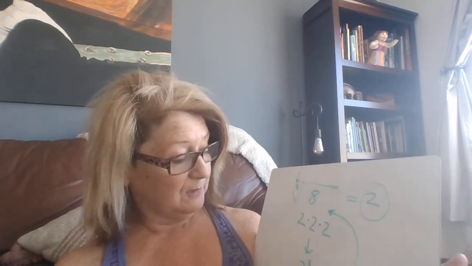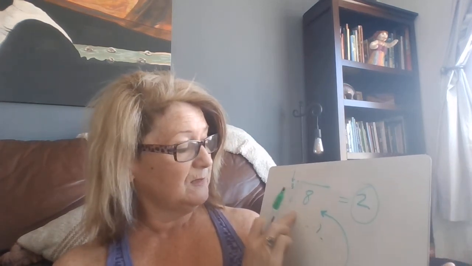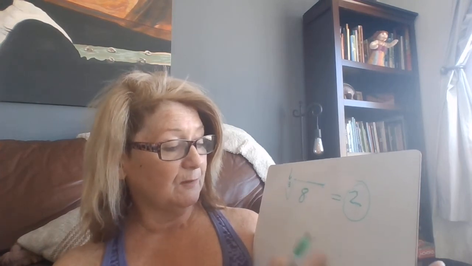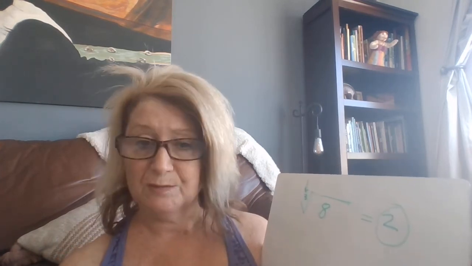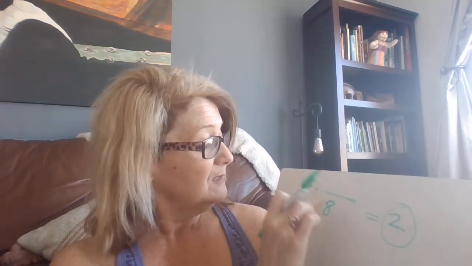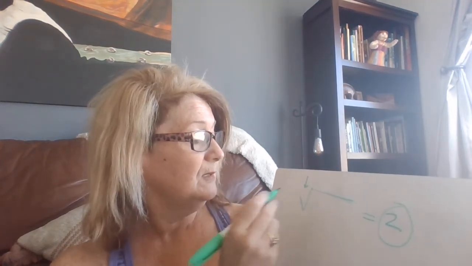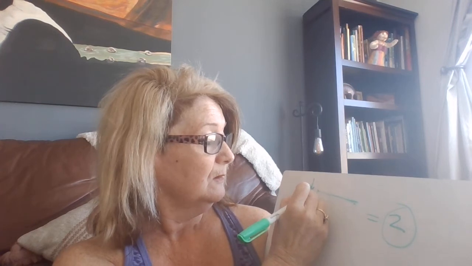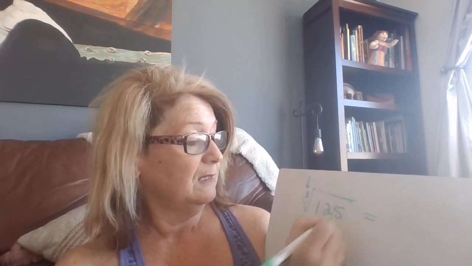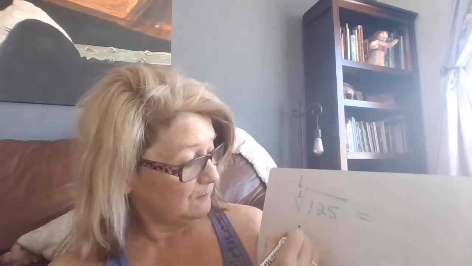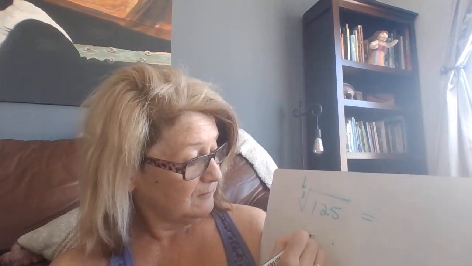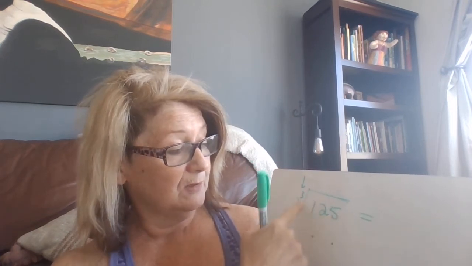Cube roots, we can go even higher. We can do bigger numbers. I don't think that we get too crazy in your homework, so I think we just do squares and cubes. Let's think of another one. How about this one? The cube root of 125. Oof. What number times itself 3 times will give me 125?